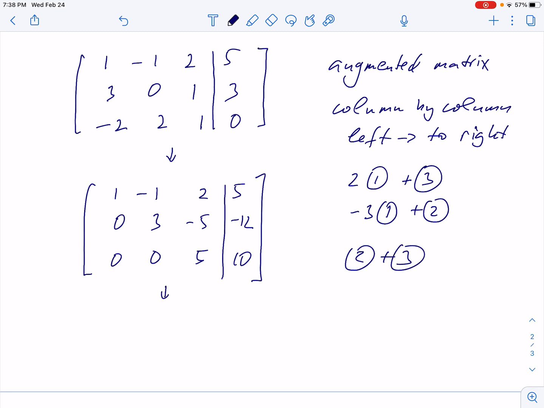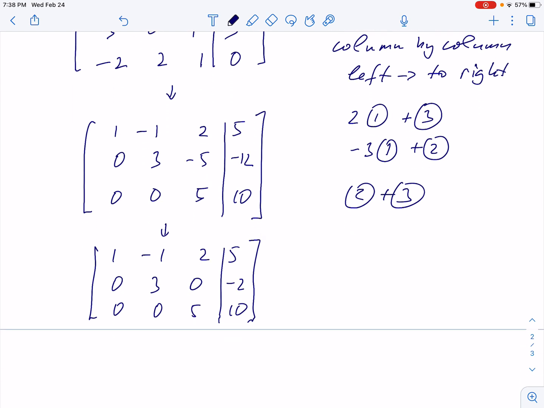And the result will be this. Not touching the first. 1, -1, 2, 5. 0, 3, 0 now, and -2. 0, 0, 5, 10. Making more zeros, you simplify the system.